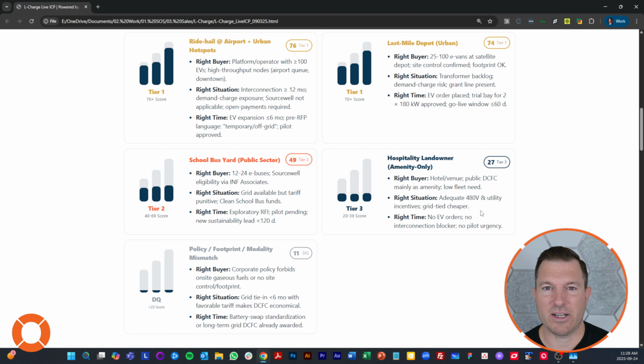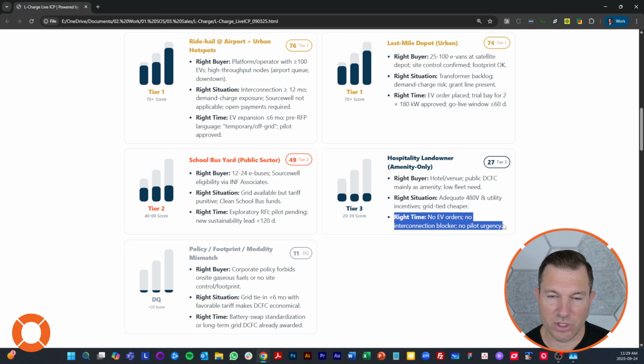One of the key factors I want to point out is that usually the difference between a tier 2 and a tier 3 is that right time signal. Say you have a really weak timing signal, for example, there are no EV orders, there's no fleet electrification, they're not really even close to having a deal for charging stations.